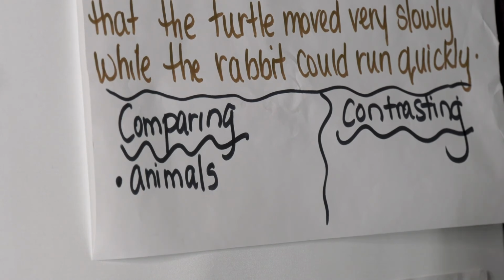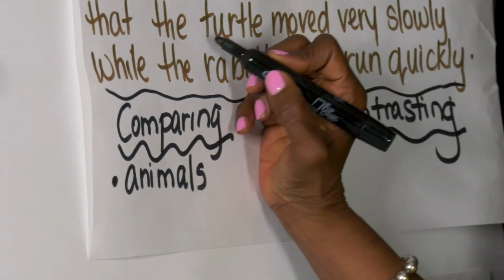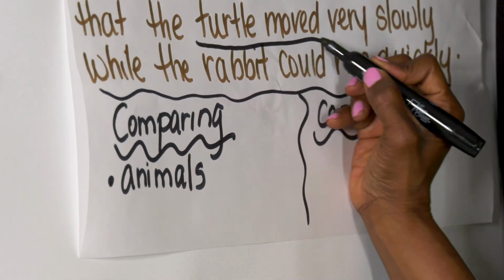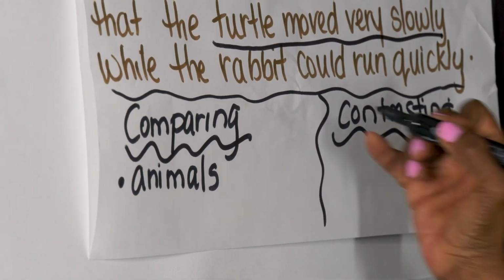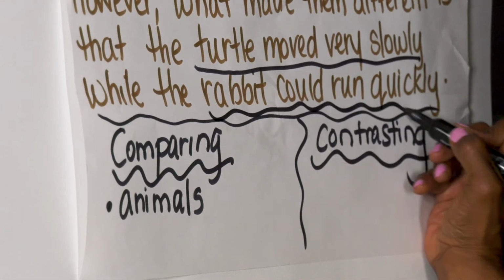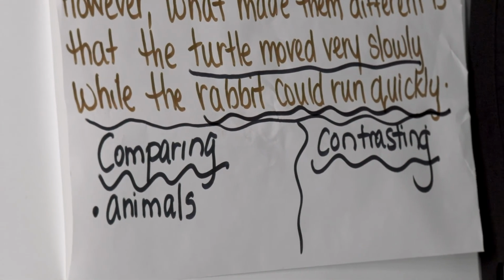Okay, so did I see a thumbs up? Okay, so what was your answer? How were they different? Okay, so you said they were different because the turtle moved slowly, and I'm underlining that, and the rabbit could run quickly. Wow, you guys are so amazing. So that is what made them so different.